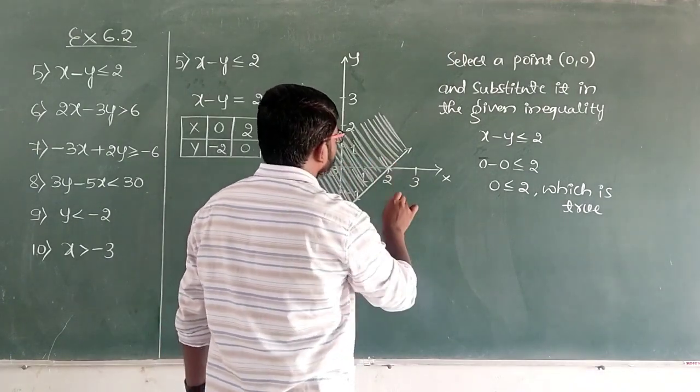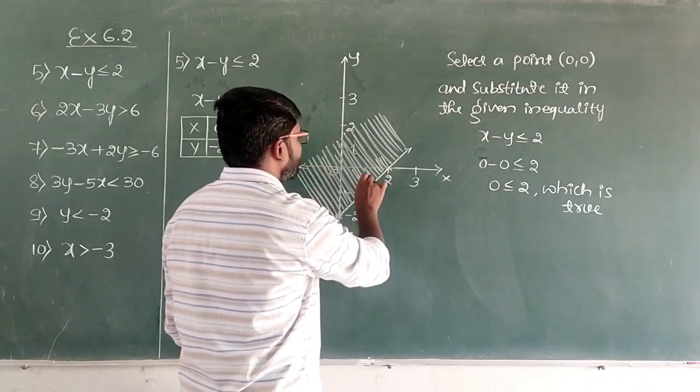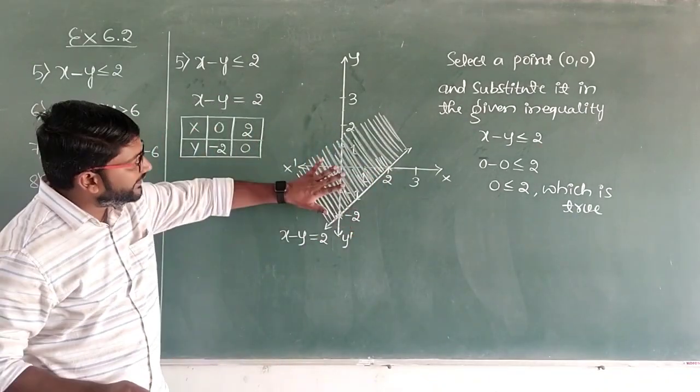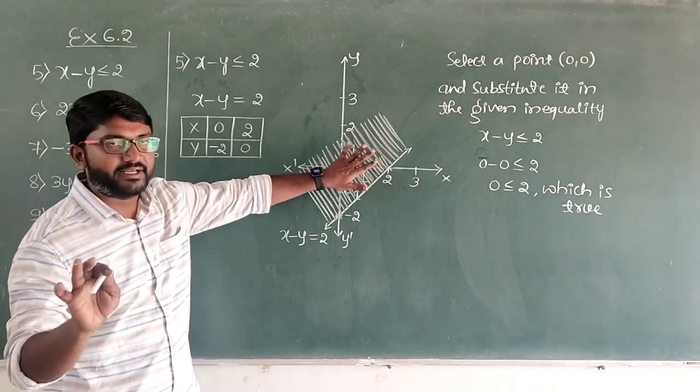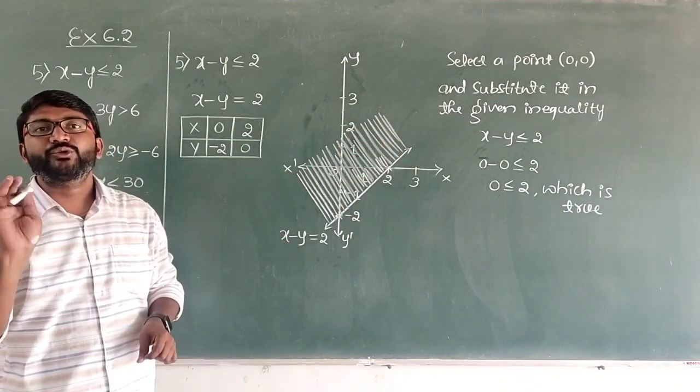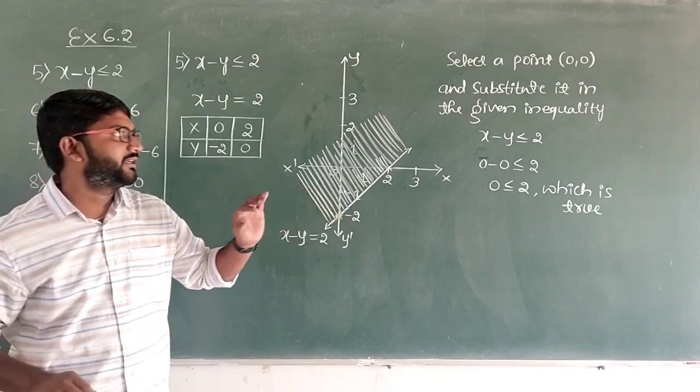Since the given inequality is a slack inequality, this shaded region is the solution region. All the points in the shaded region as well as the points on this line are part of the solution. So that statement we have to write now.